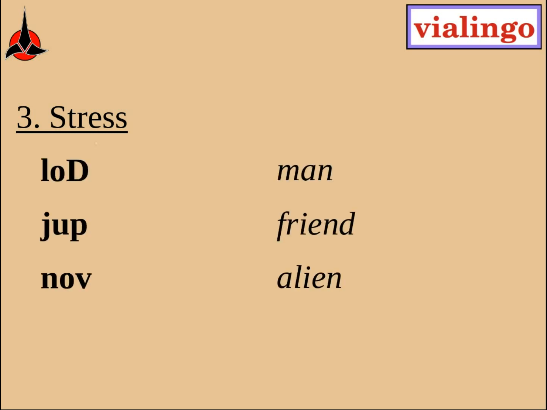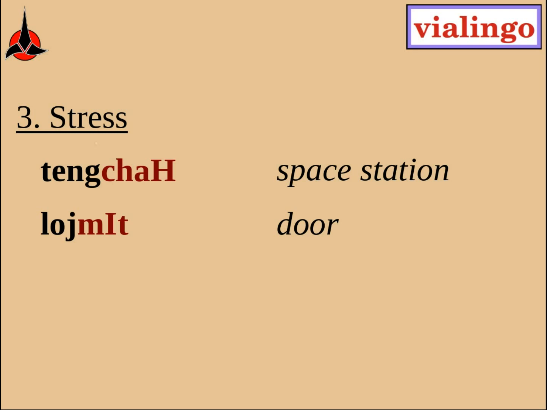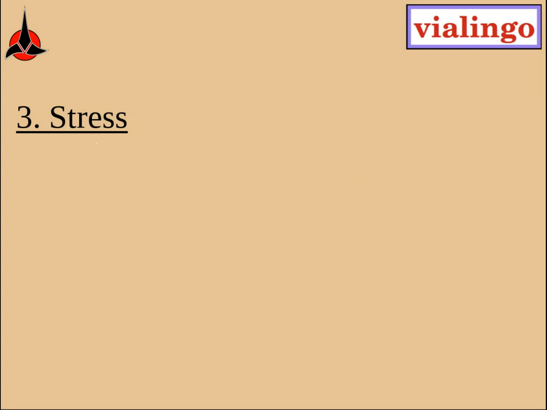Many words are only 1 syllable long, and the stress falls on that syllable. For example, Lord, Droop, Nov. Some words are longer, and in that case the stress falls on the last syllable. Tingchach, Lojmit.